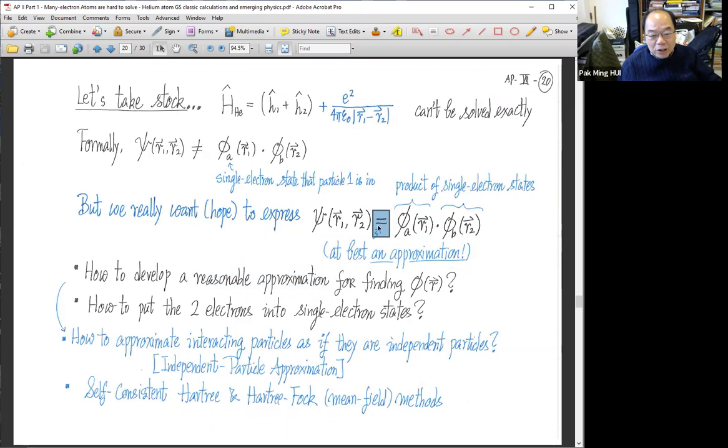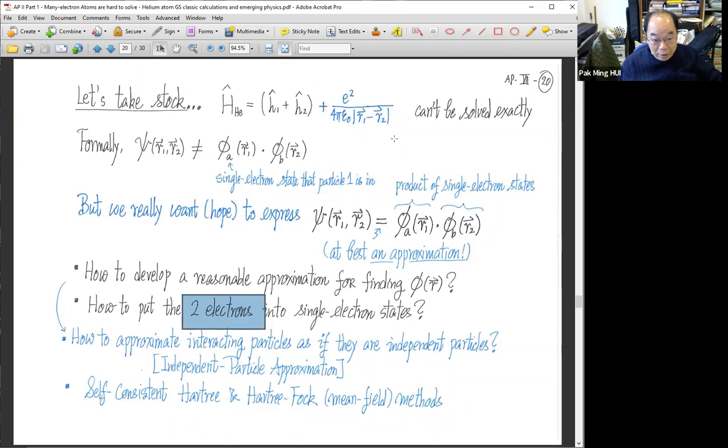Therefore the question is how to find these single particle states. What are they? How can I include this very troublesome term into the calculation of the single particle states? Then what is the rule of putting the two electrons into the single particle states? The Pauli exclusion principle.